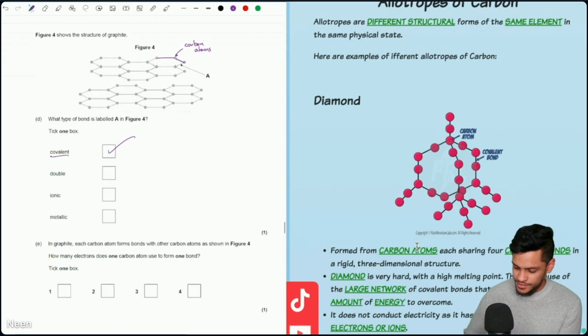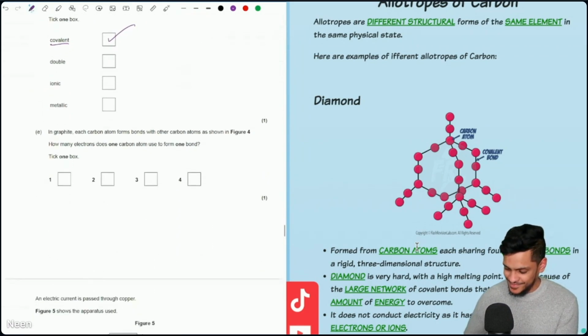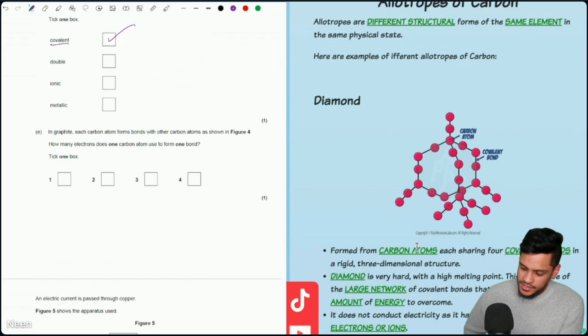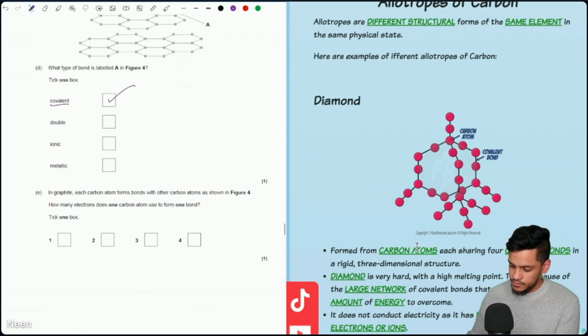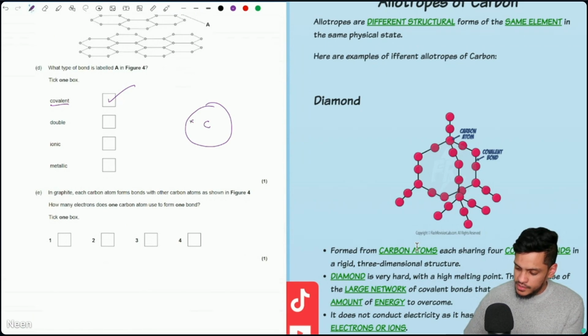Everyone's quiet. Is it because this is more difficult? In graphite, each carbon atom forms bonds with other carbon atoms, shown in figure 4. How many electrons does one carbon atom use to form one bond? Okay, so first of all, you want to figure out how many electrons are around carbon.